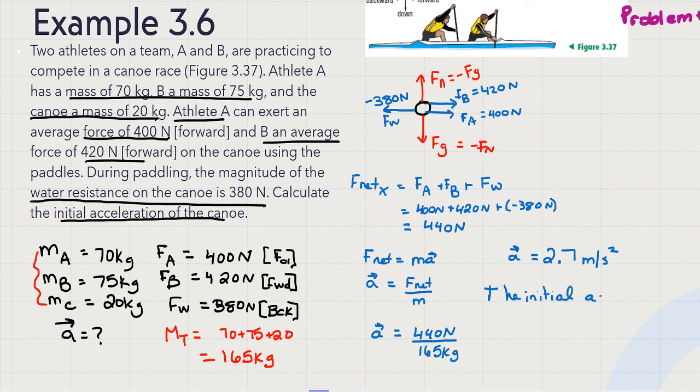So the initial acceleration is 2.7 meters per second squared. And of course, pause the video at any time to go over anything or to be able to write everything down.